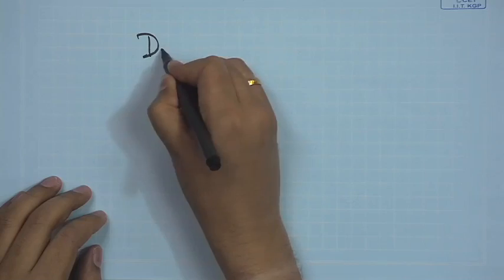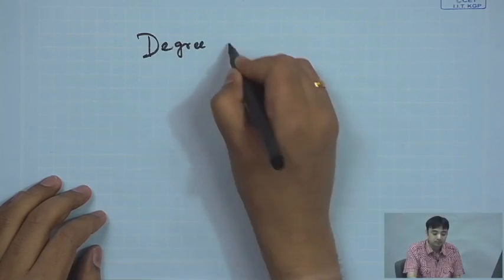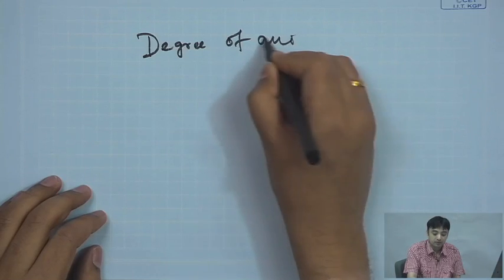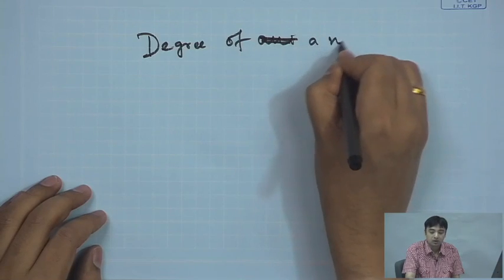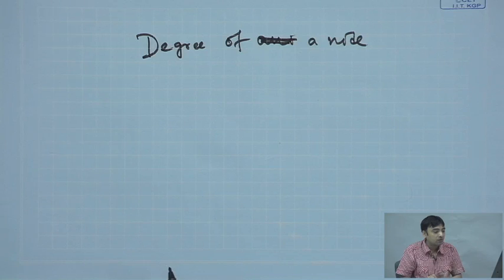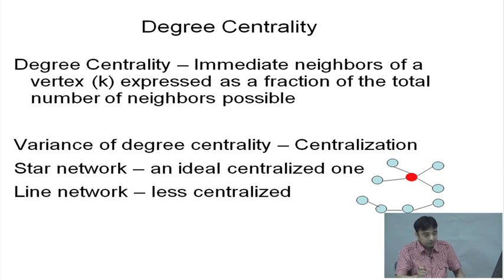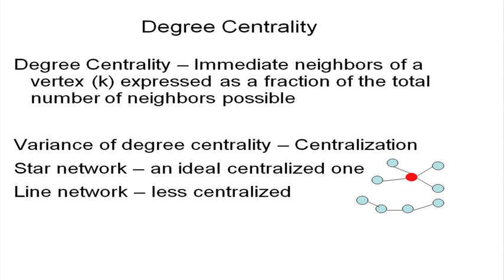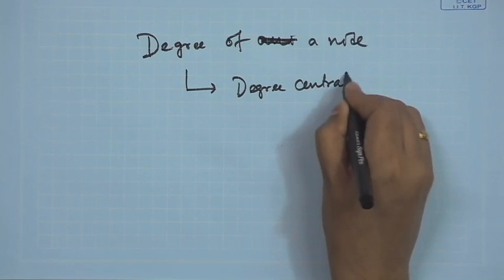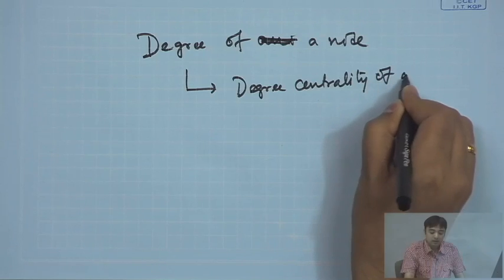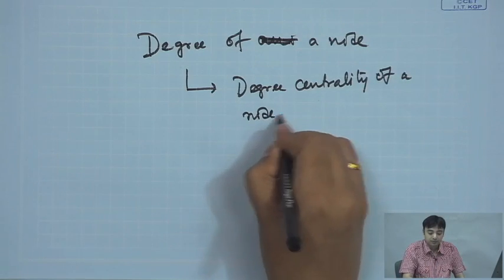Now, one of the simplest measures that comes to one's mind, in the context of a network, would be perhaps the degree of a node. That is what I write in the next slide, and this is termed the degree centrality of a node, right.